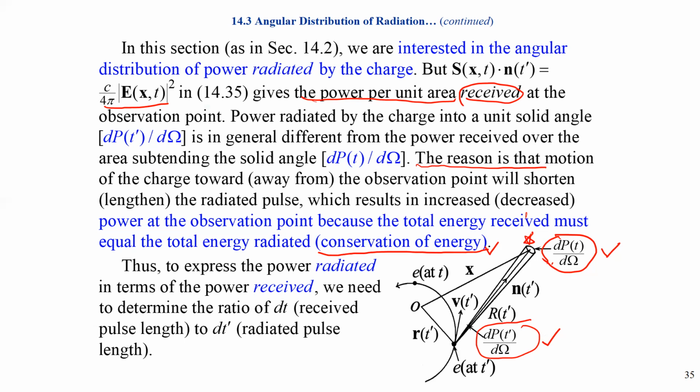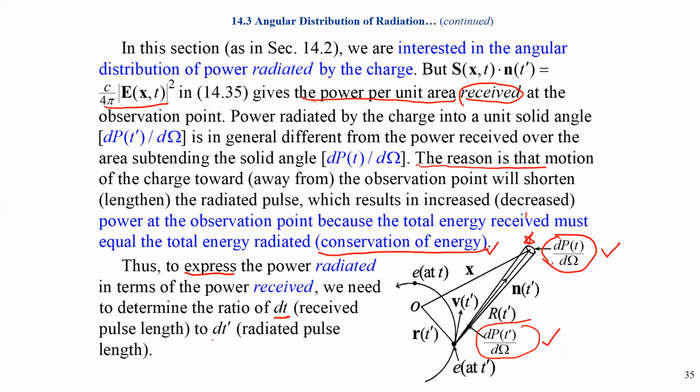So the conservation is still correct. Energy conservation: the total energy received must equal the total energy radiated. Last, to express the power radiated in terms of the power received, we need to determine the ratio dt to dt prime.